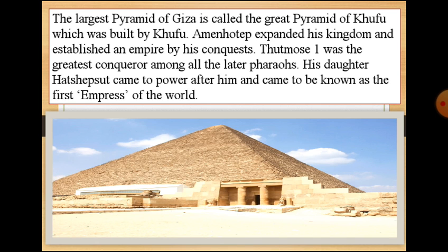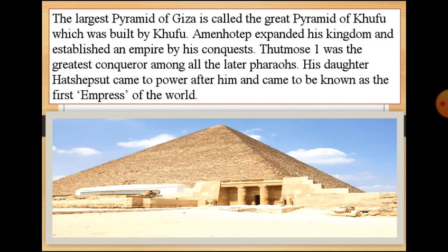Now, as we read just now about the political history, about the pharaohs, you may or may not have understood that pharaohs are the kings. They are the kings of Egypt, which were called pharaohs. Menes was the first pharaoh, that is, the first king, and his capital was Memphis.